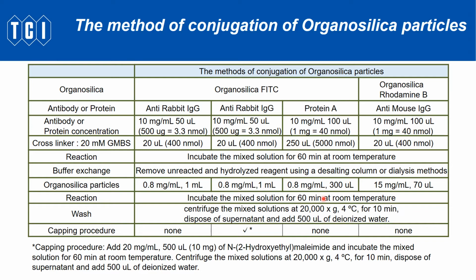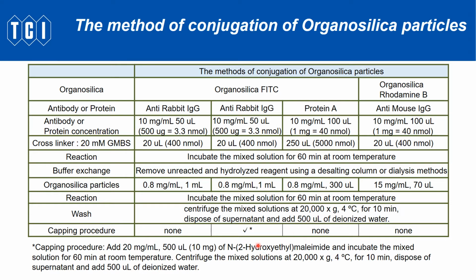Centrifuge the mixed solutions at 20,000 G, 4 degrees, for 10 minutes, dispose of supernatant, and add 500 microliters of deionized water. The second conjugation is the capping procedure.